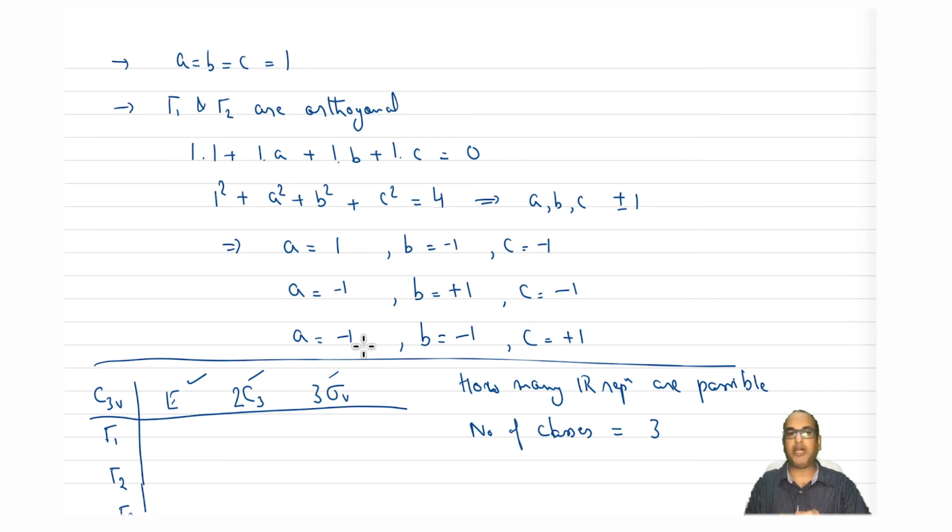So that means you have tau 1, tau 2, tau 3. Now let us go to the first rule, which says that l1 squared plus l2 squared plus l3 squared, the sum of squares of dimensions, is equal to h. What is h here? The order of the group is 6. Now what are the options? l has to be positive, it cannot go negative.